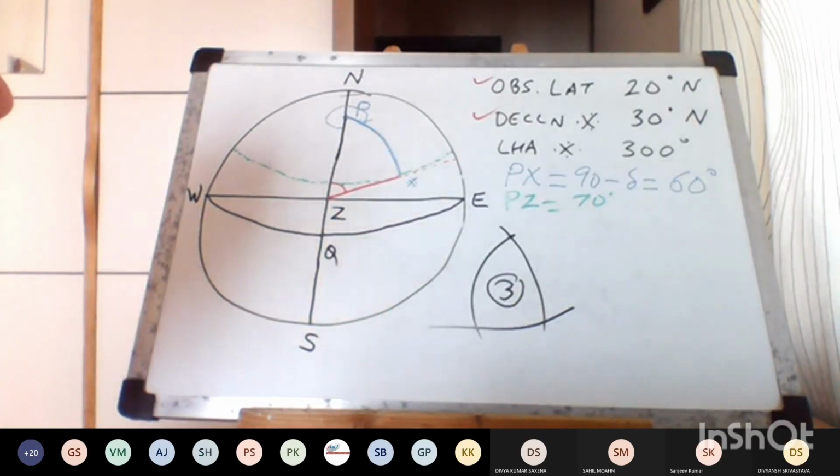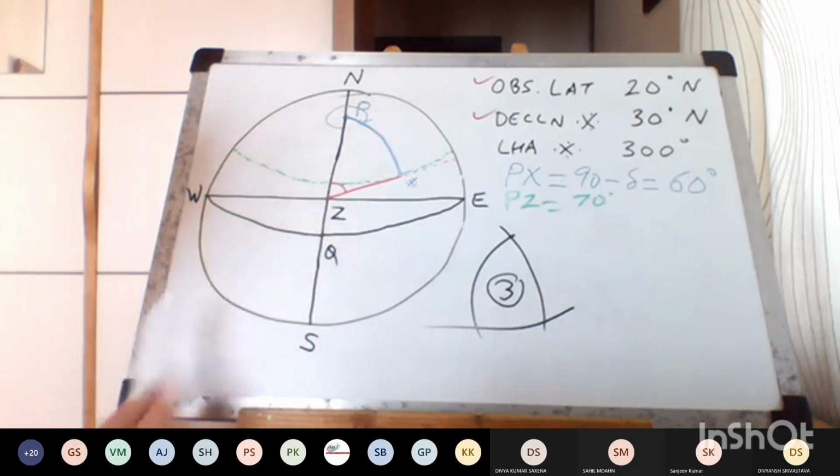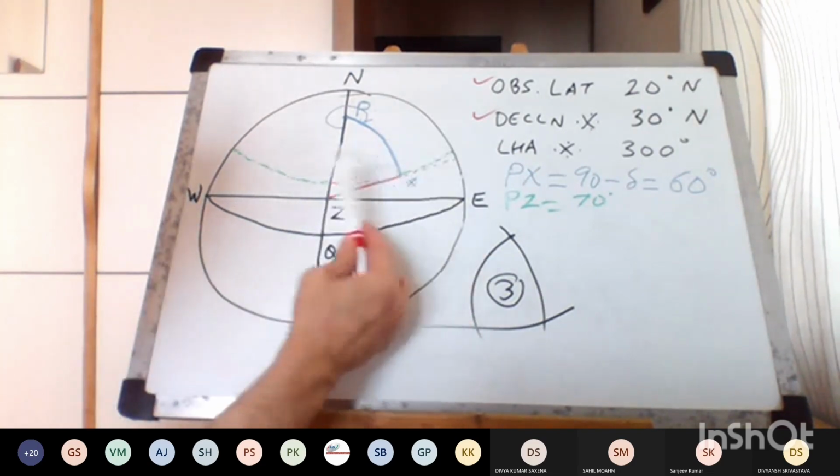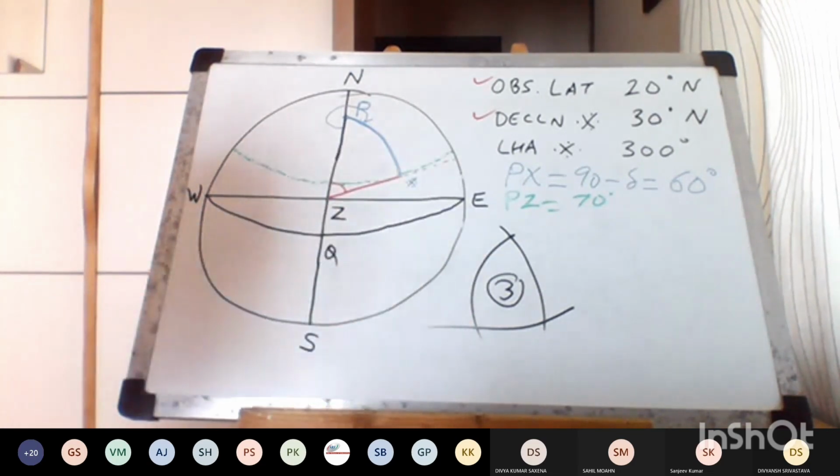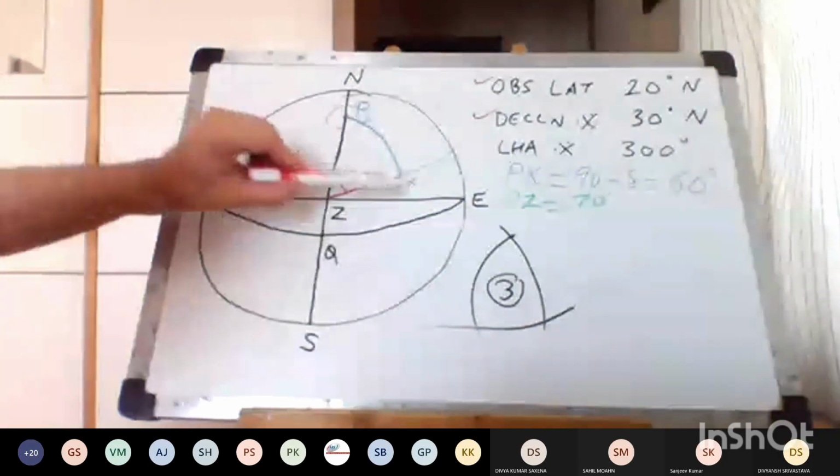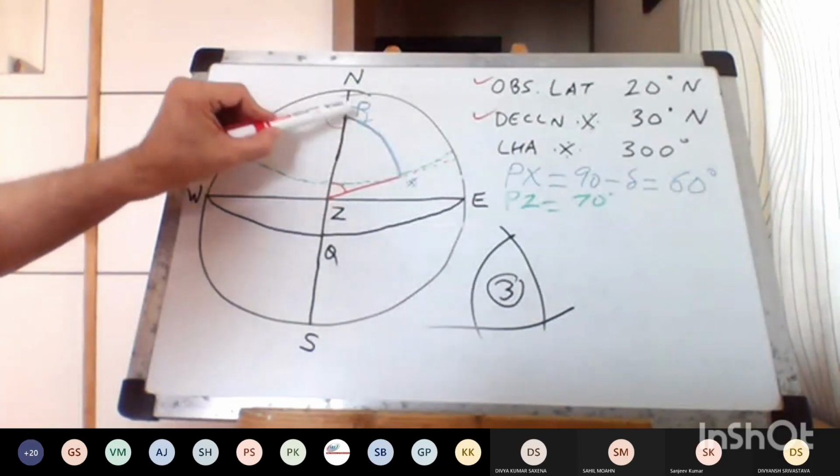Now, when I'm taking a sight and I've drawn the PZX triangle, two things I have got immediately. When I took a sextant altitude, I got the zenith distance. When I took the azimuth, I got angle Z. And from the almanac, I can get the GHA and the LHA, or from the declination, from the almanac, I can get PX.